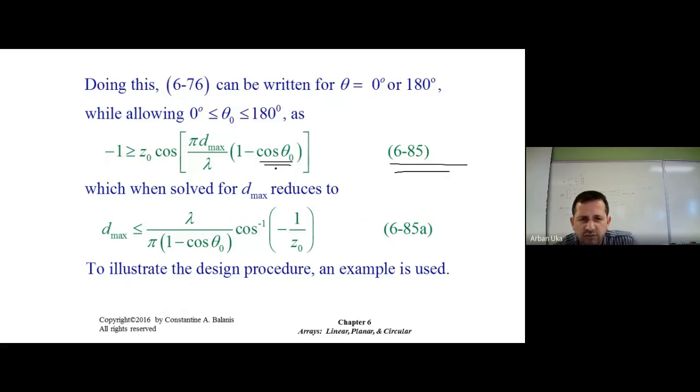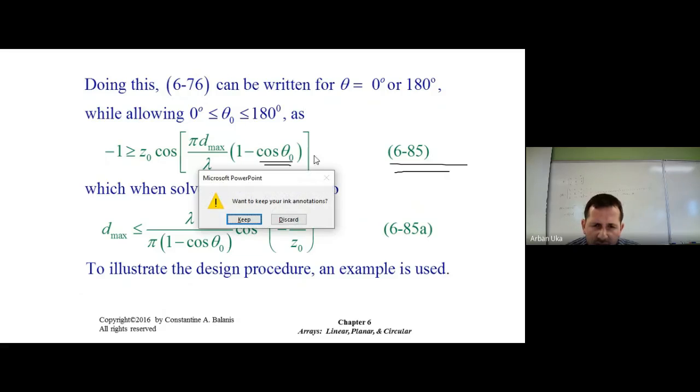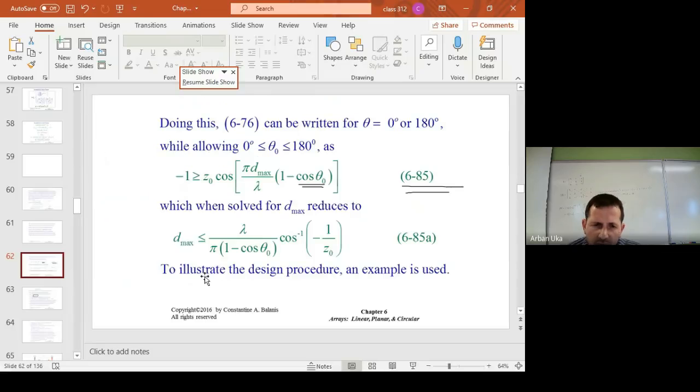So this 6.85, around 10 to 15 slides before, this whole expression had everything except for the cosine term. Now, we can stop here at this stage. Let's keep these annotations. I want to keep these because these were useful.